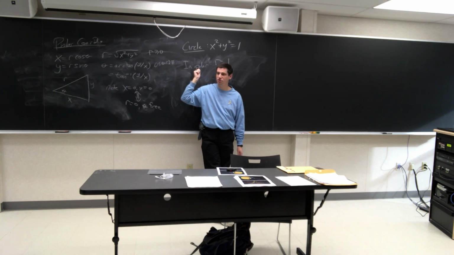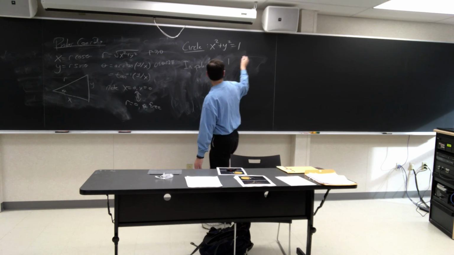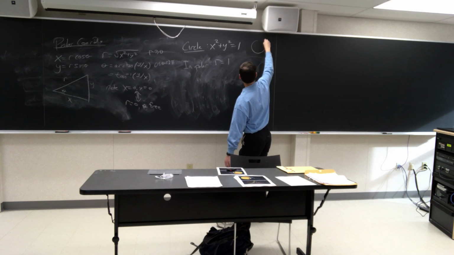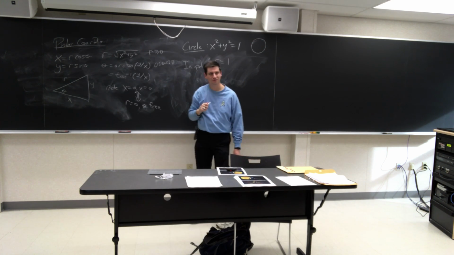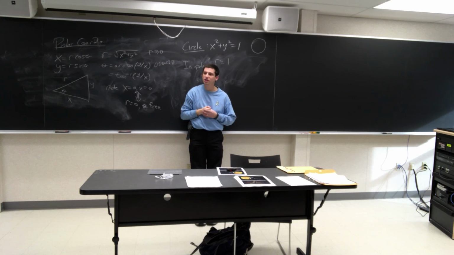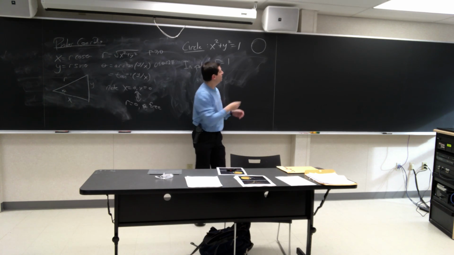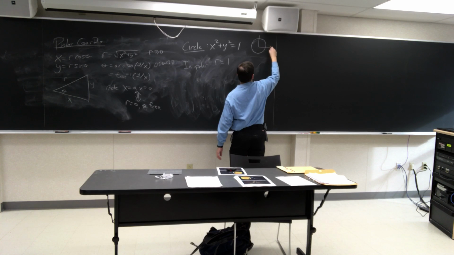Have you ever looked at what a circle looks like in the plane? Yes, all the time. It's a circle. With some imagination, that's a circle. What does a circle look like in polar coordinates? Well, here I'm graphing it in xy space.